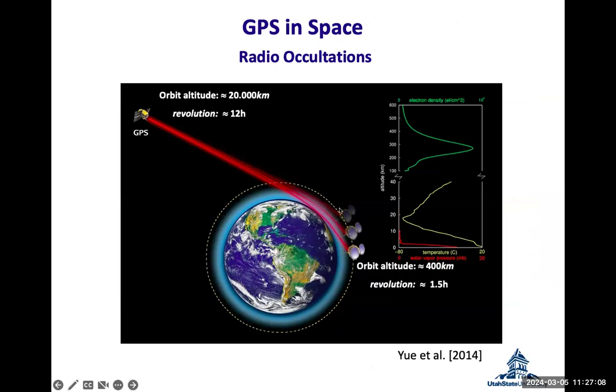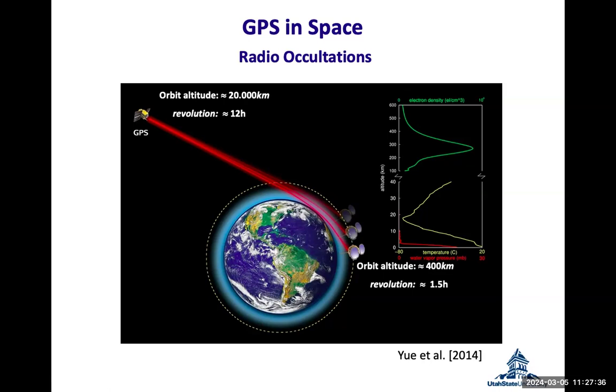So as the LEO moves with its receiver on board, it gets different geometries, different links throughout the ionosphere, in occulting geometry. And we can, for example, invert these observations and get altitude profiles of the electron density out of this.